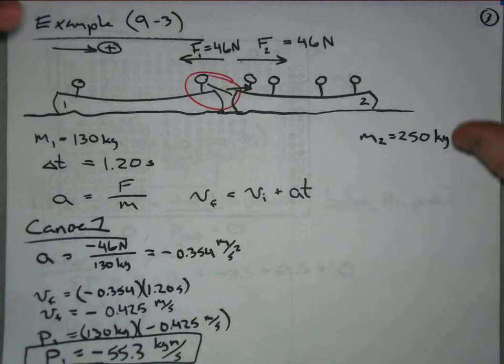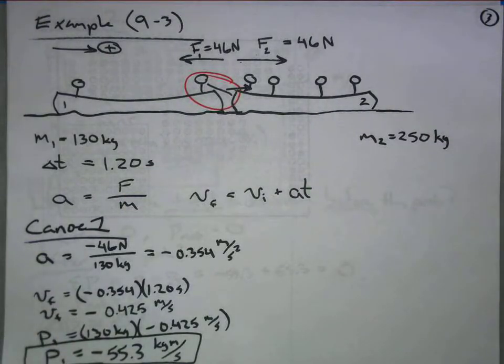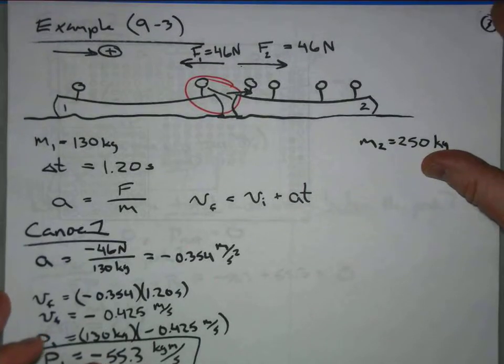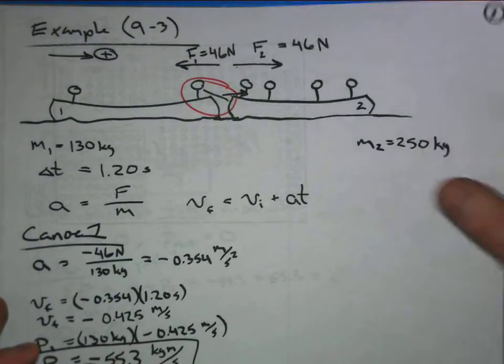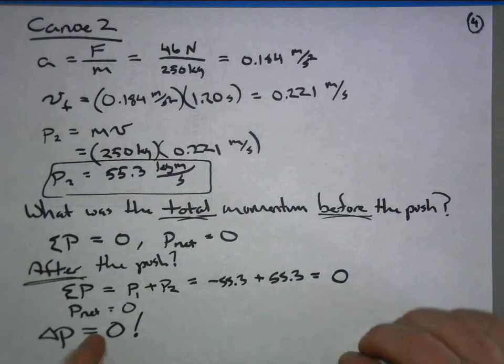It was constant because that's only an internal force. There were no net external forces acting on the system. So we saw an example here of conservation of momentum, right?